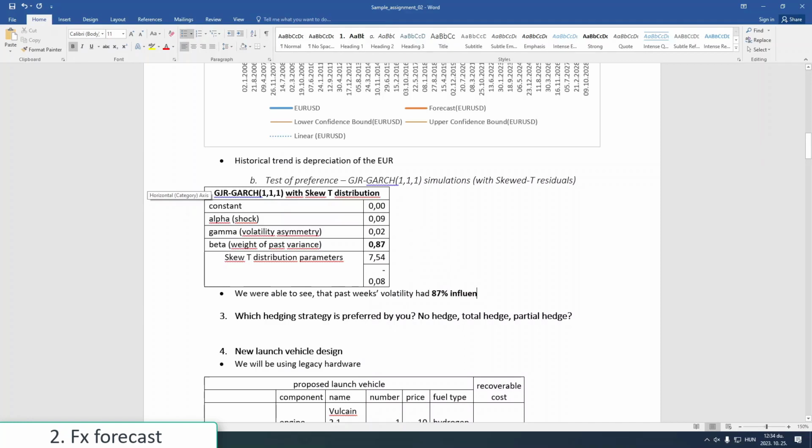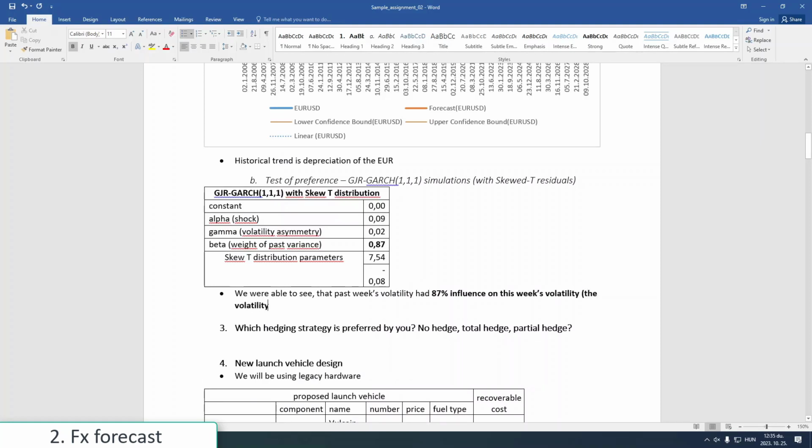So the volatility of asset pricing is persistent.